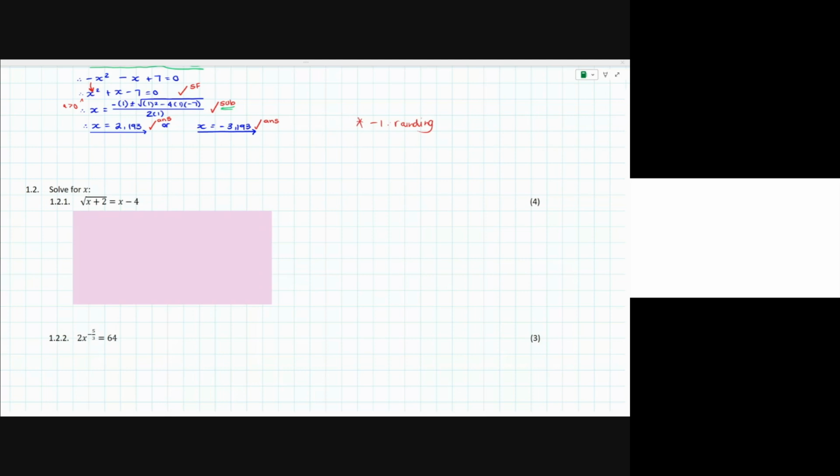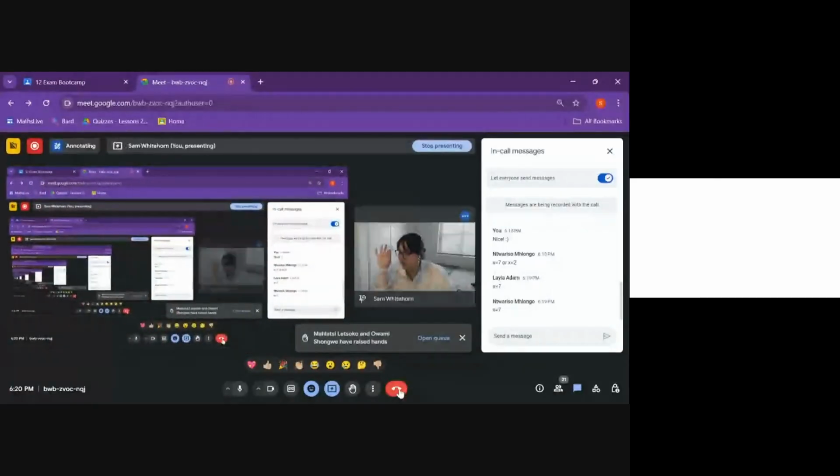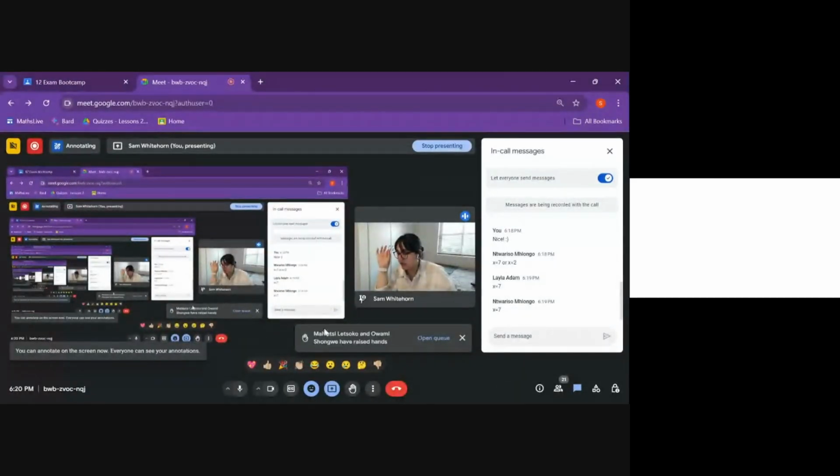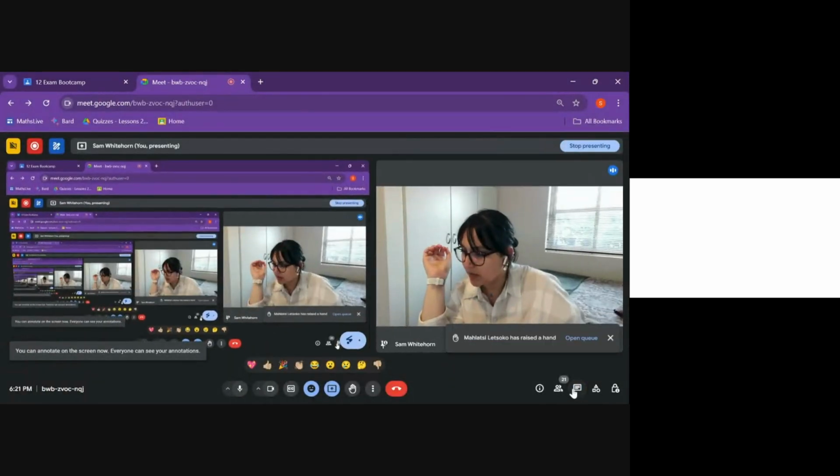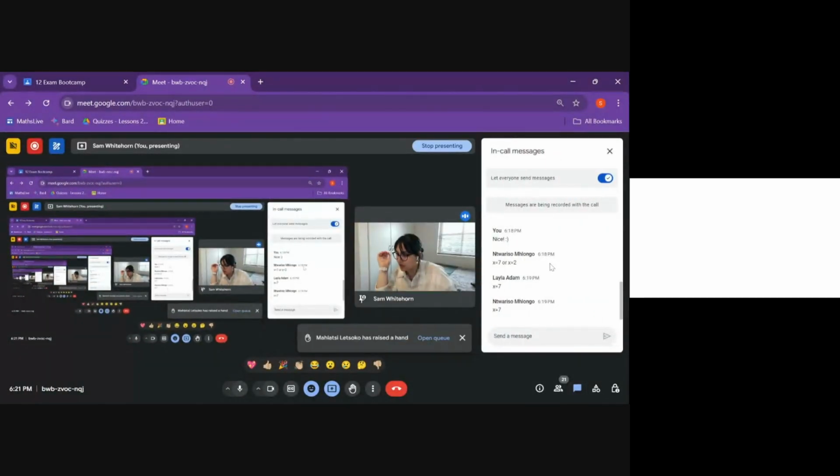I don't have a speech bubble. Maybe someone can correct me. Do you see a speech bubble when you do this? This is going to be wild because you're now going to have my face twice. But here at the bottom, this little speech bubble, if you click on it, it opens the chat for everyone. Oh, okay, ma'am. Thank you.